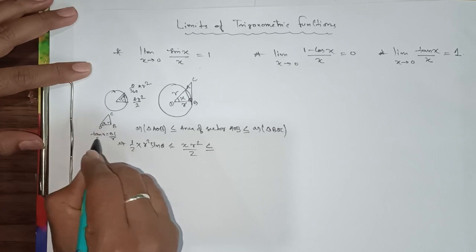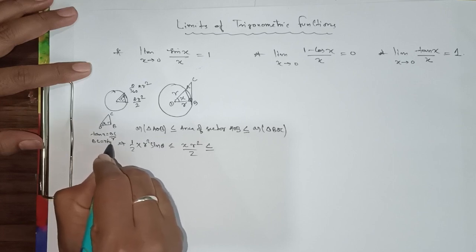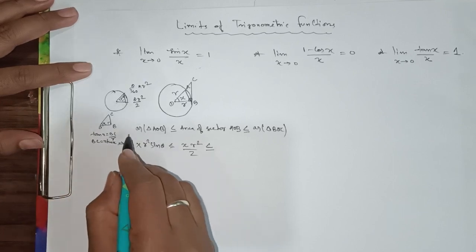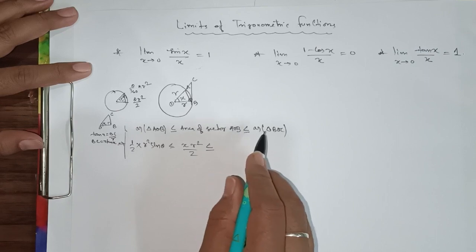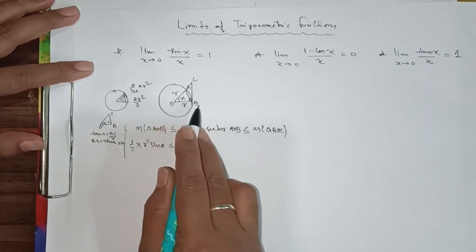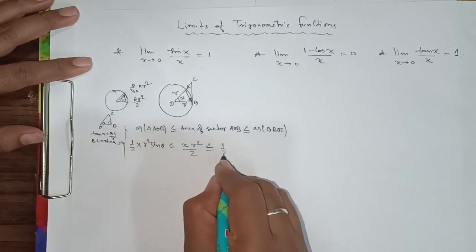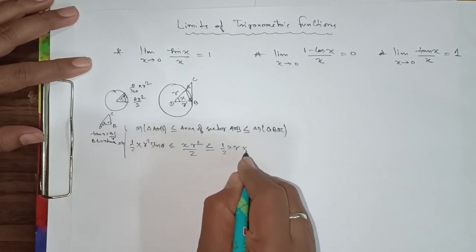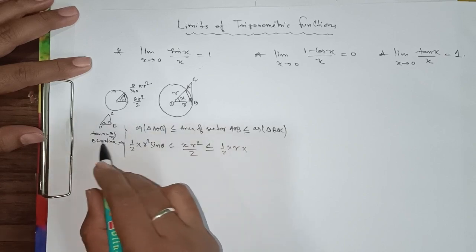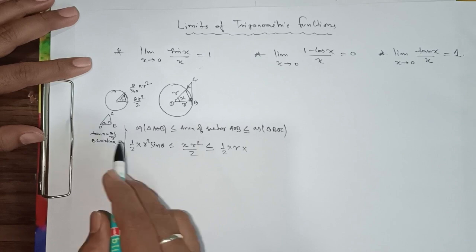OB means here r, that means I can write BC equals r tan x. So the area of the triangle is half, base would be your OB, so in place of OB we can write r into BC, that is the height, that is r tan x.